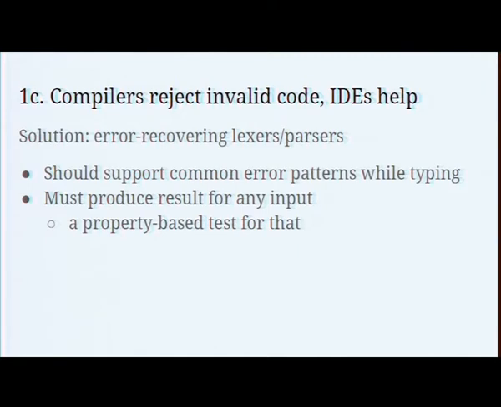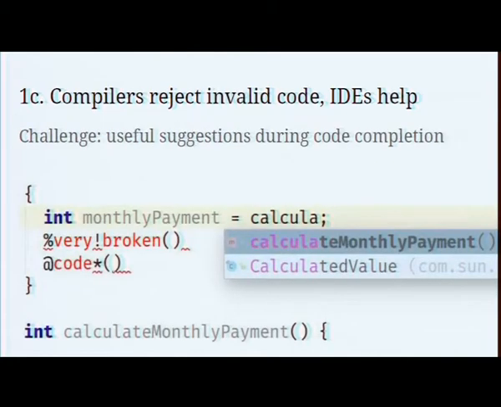So, the error recovery is usually quite simple. The requirement for it is that it should support common scenarios that happen during typing the code. And in the case of Java, like here, it's just a matter of: if you see something unexpected, just skip it, try parsing again, until you see the closing brace.